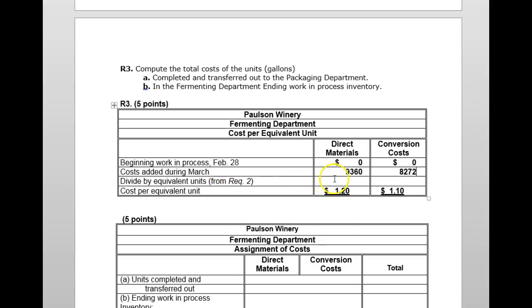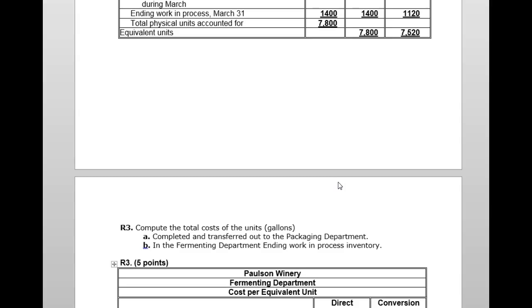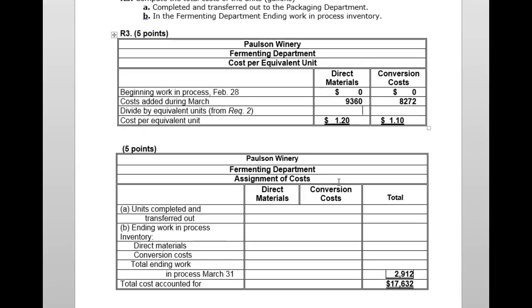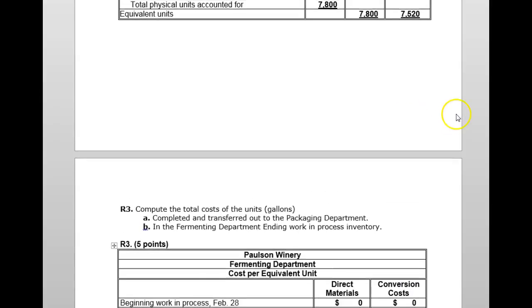Now we take those equivalent units and divide them in to come up with our per unit cost for each of those areas.